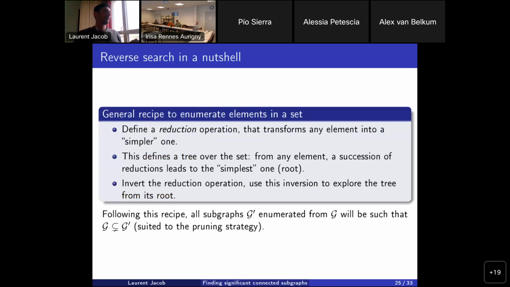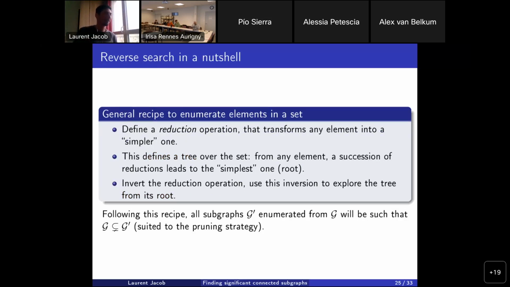We're going to use an idea framework, which if you're into algorithmics, you probably know much better than me already. It's called a reverse search. It's a general recipe to enumerate elements in a set. The idea is that you define a reduction operation from your elements that will transform any element into a simpler one.